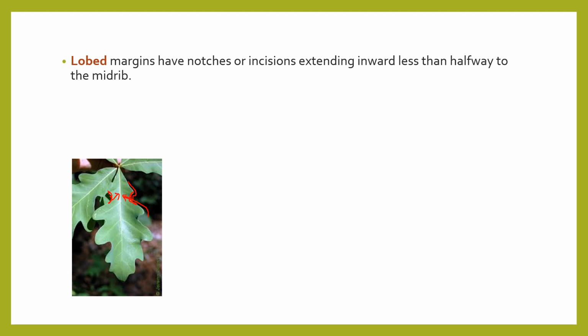So this one is called lobed margin, but there's another one of this same shape, and the difference is the distance between the midrib and the notches.